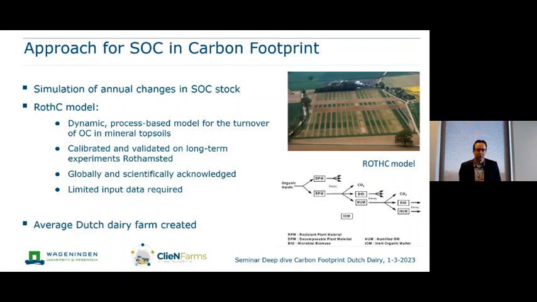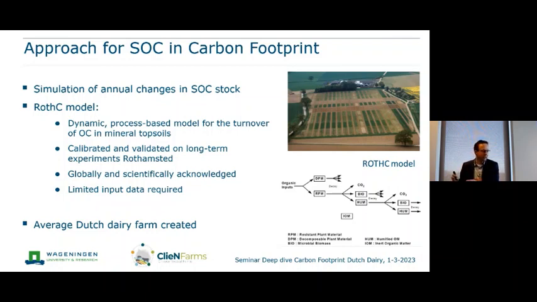It's also a model used a lot in science and in many projects. And one of the benefits is that only a little set of input data is required.